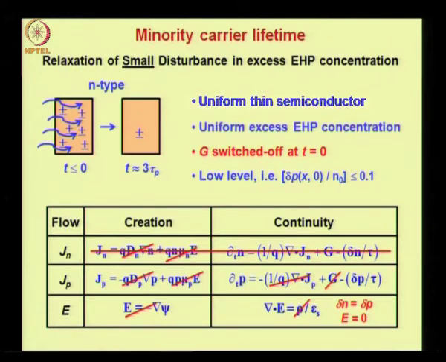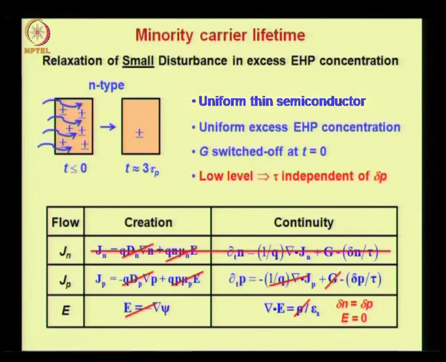Now we have switched off the G, and therefore for t greater than 0 this term does not enter into the picture. Now we have removed this E equal to minus grad psi, because actually there is no electric field. This is not really a consequence of the switching off of G, it is a consequence of the E becoming 0.